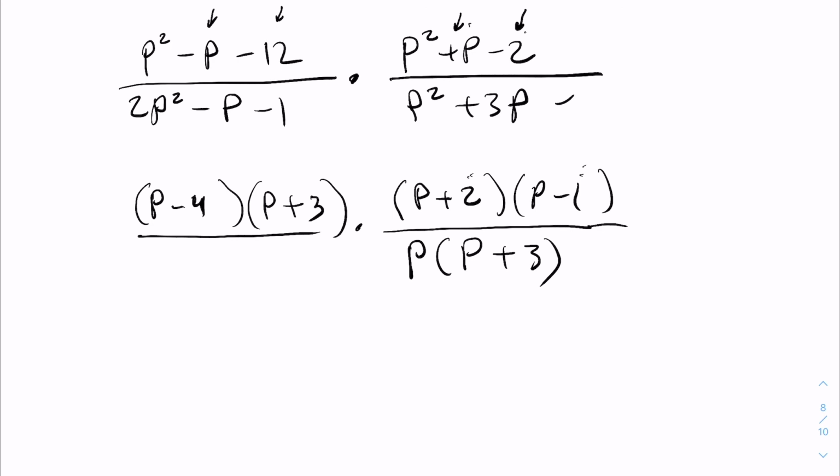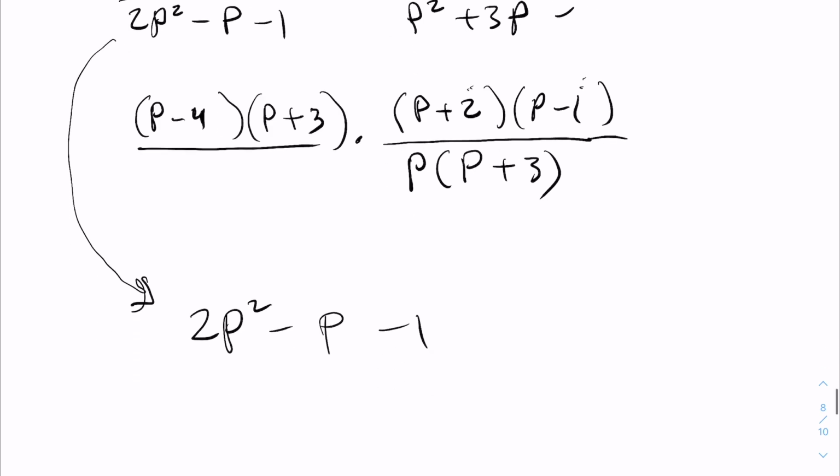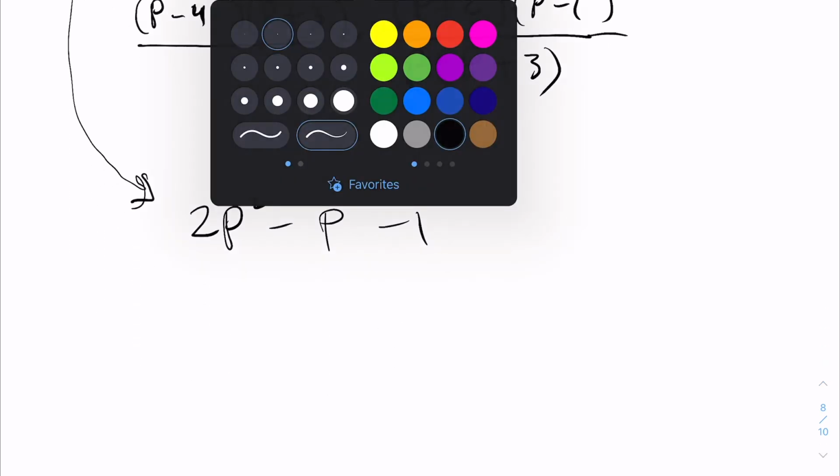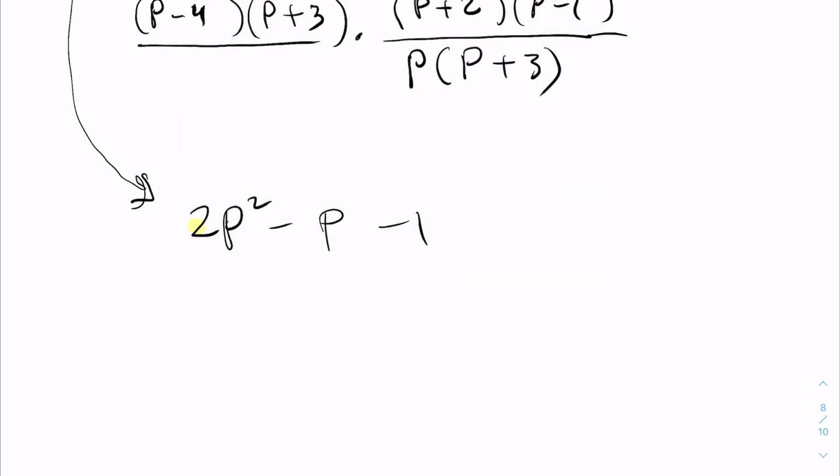Done. Now we're just left with this guy, which is a little bit tougher because the leading coefficient's a 2, but still those numbers are pretty small and I think are going to be pretty easy to deal with. So once again, we know we have to multiply 2 times 1. 2 times 1 is negative 2, and it must add to negative 1.